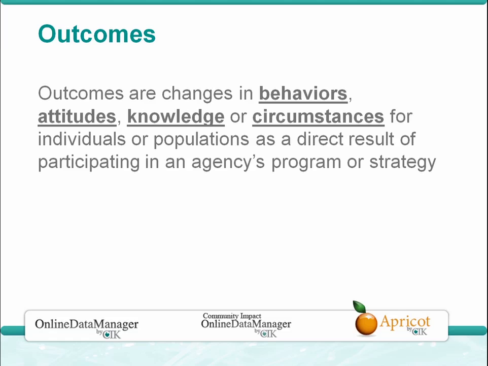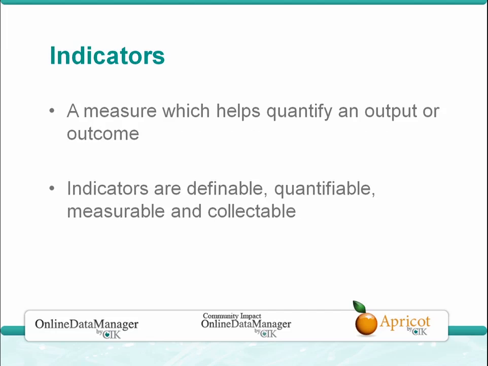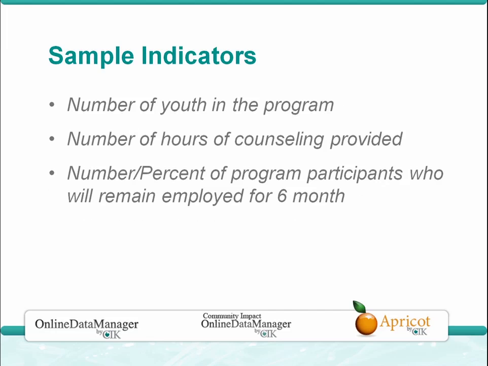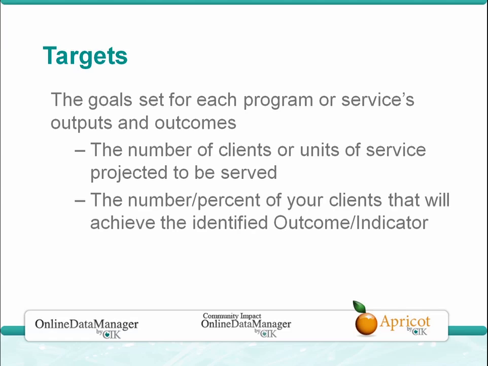The indicator is a way of measuring that, and I'll give you some examples of that as we move through. But sample indicators are the number of youth in the program, the number of hours of counseling provided, or the number or percent of program participants who will remain employed for 6 months. So the indicators tell us how we're going to be able to track whether we have achieved outputs or outcomes.